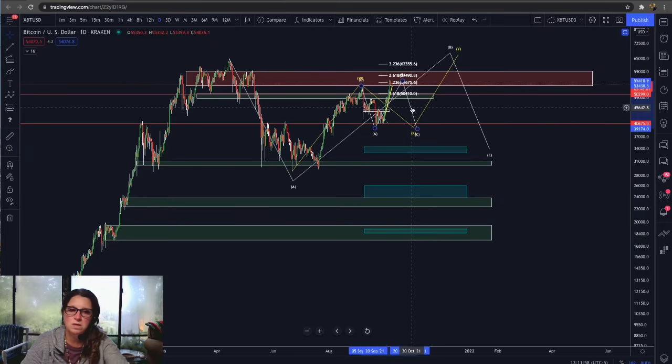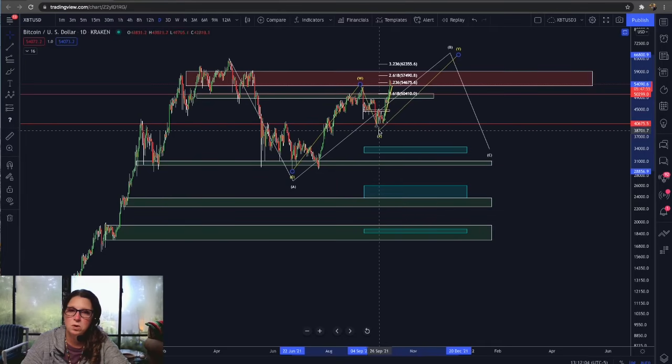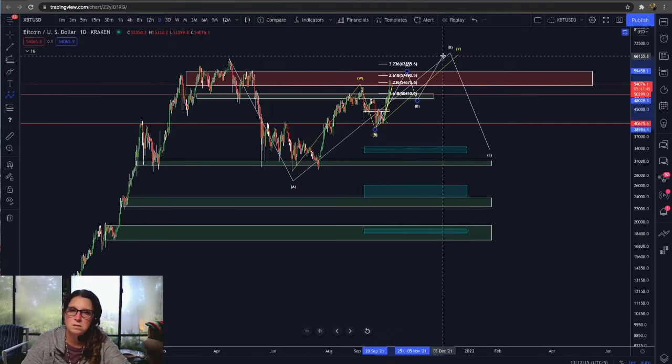So say we don't get this middle part, okay? We can still call this an X, and then we go up for A, B, C, and make the Y. That is a potential count. Making the same exact thing where we get the B up here and we come down for C.